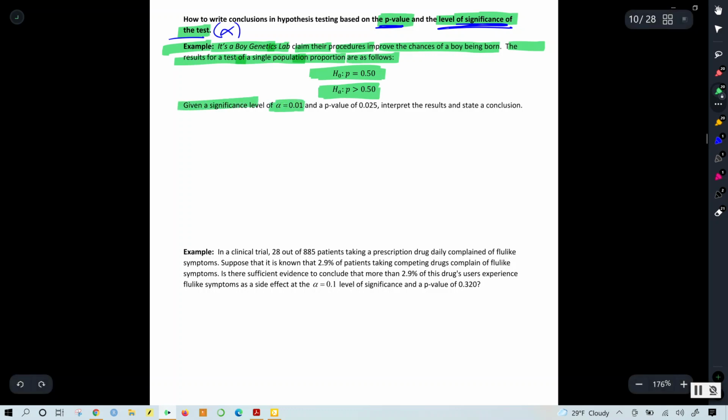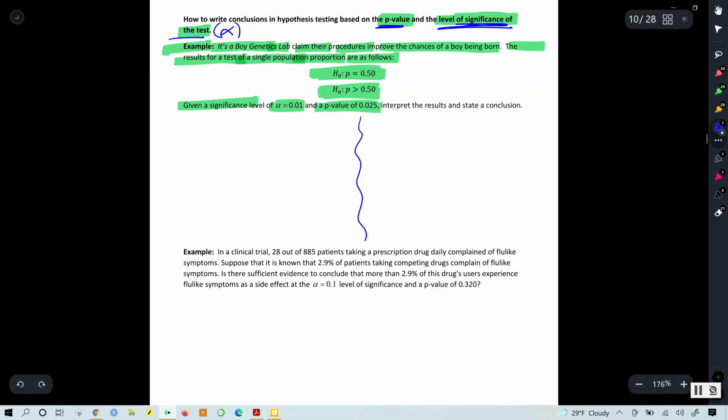We're given alpha equals 0.01, the level of significance of the test to be 1%, and the p-value is 2.5%, 0.025. We are expected to use this to interpret the results and state a conclusion.